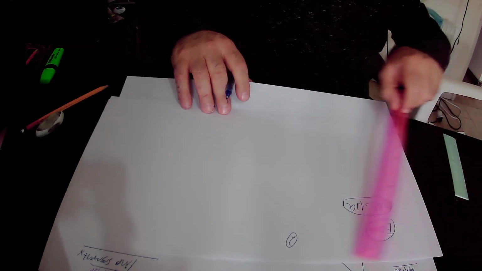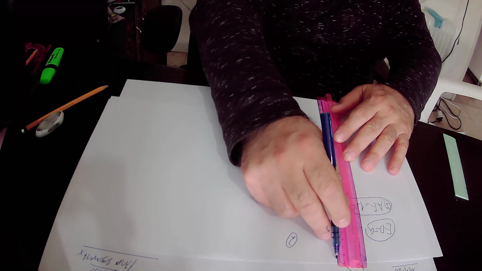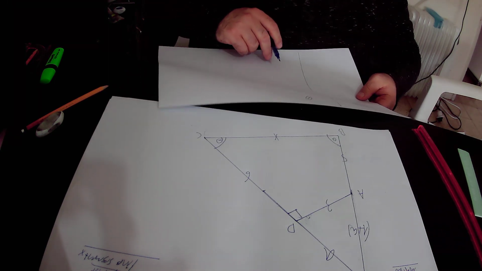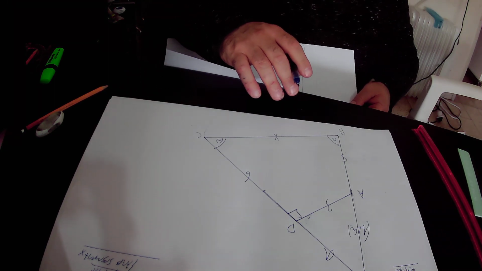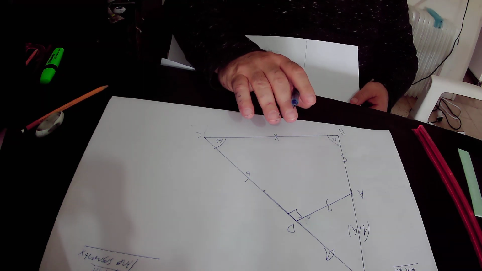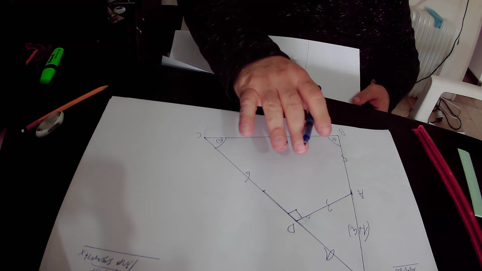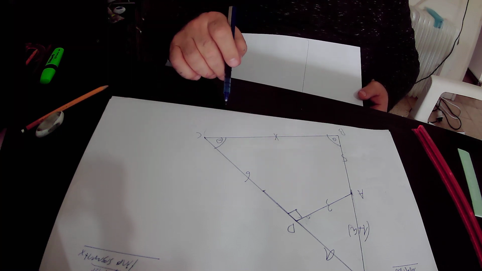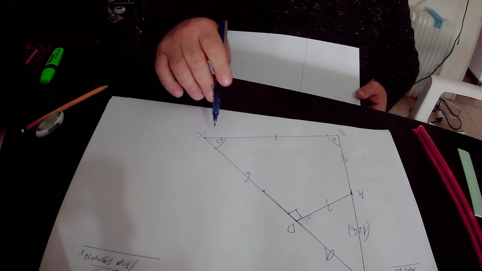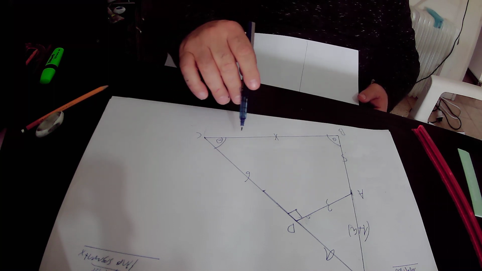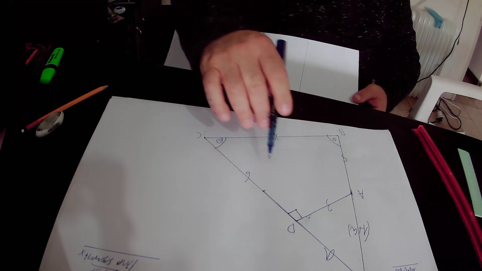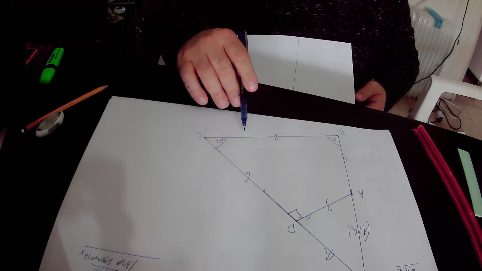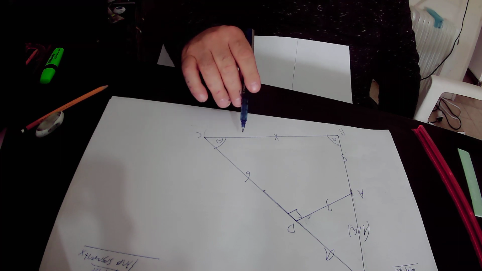So here, before the construction, we had a quadrilateral ABCD. In quadrilateral ABCD, line segment DC is one side of the quadrilateral, and as a side of a quadrilateral, it is absolutely a straight line.